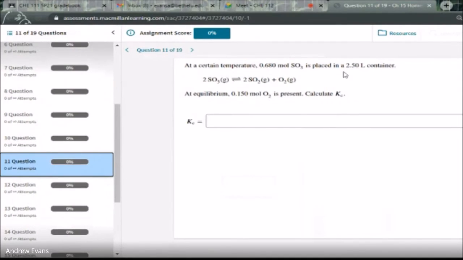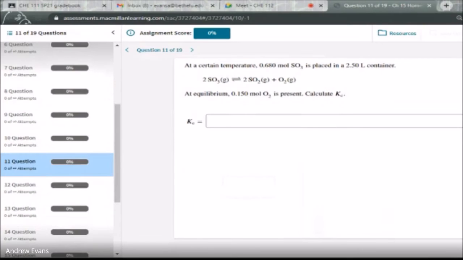ICE. They give us this number, 0.680 moles, and this number, 0.150 moles, and they give us a volume of 2.50 liters. And they want us to find K.